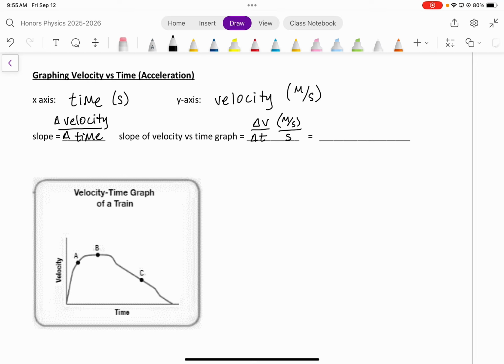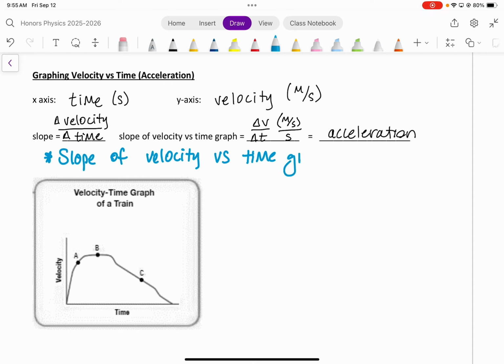Is equal to acceleration. So I'm going to write it again in a different color. Slope of velocity versus time graph equals acceleration.